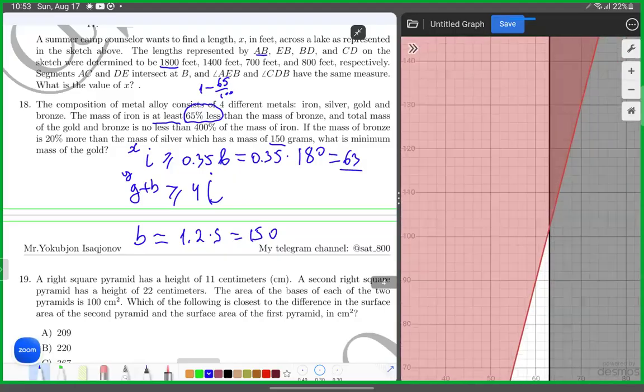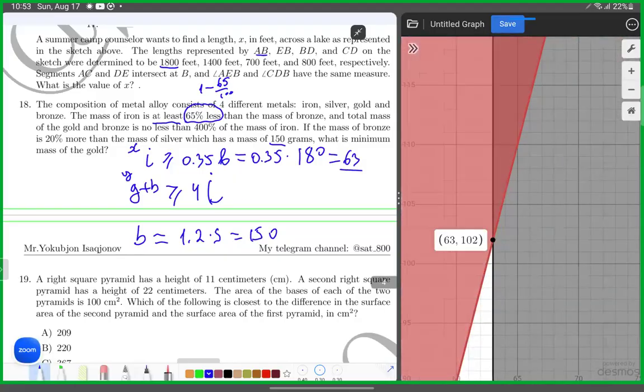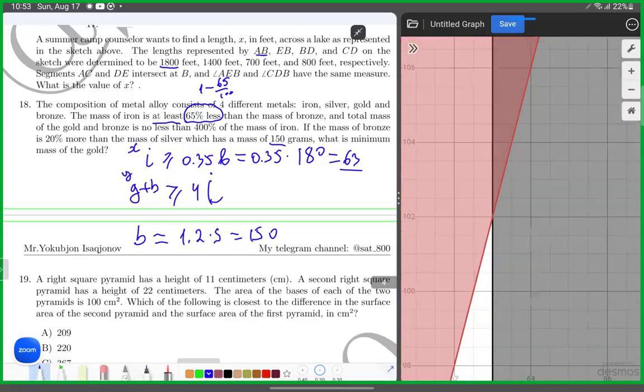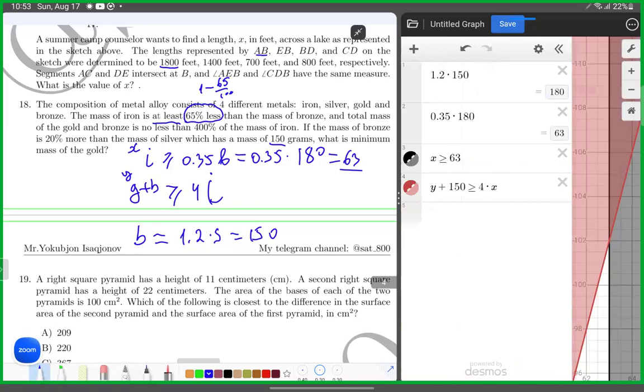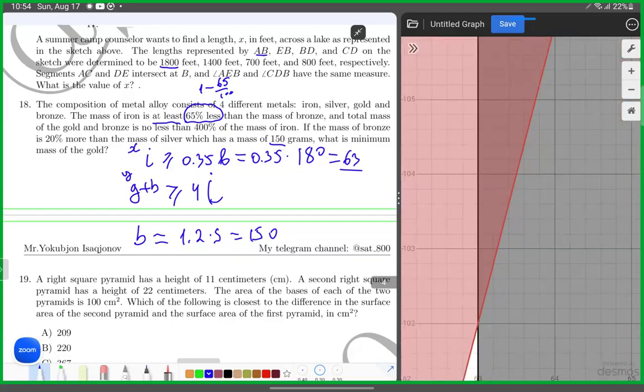So here it starts. From here I need the Y value. Wait, I should check again a little bit. I think everything is clear.